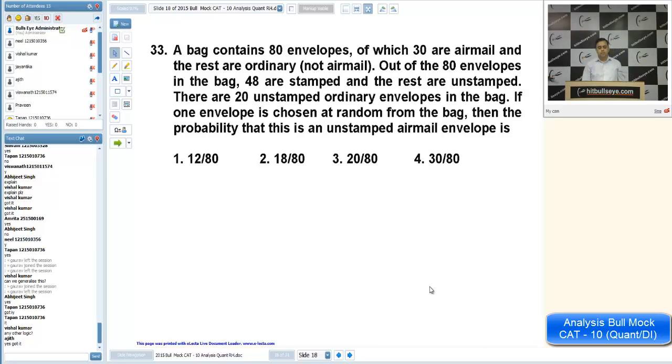Okay, next question is: a bag contains 80 envelopes, of which 30 are airmail and the rest are ordinary, not airmail. Out of the 80 envelopes in the bag, 48 are stamped. So you have read the information given in the question. So should I solve this or not?